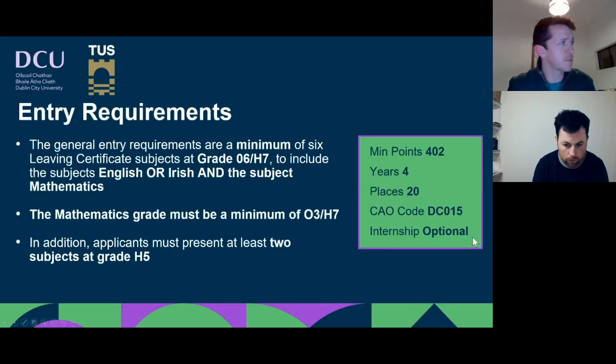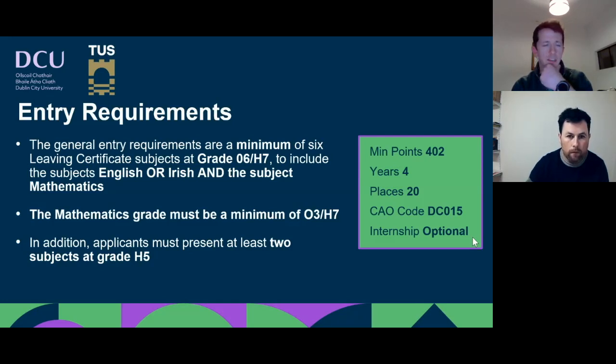The entry requirements, I can speak to these a little bit, Paul, if you're okay with that. Yeah. So a minimum of 6 Leaving Cert subjects, grade O6/H7, and to include either English or Irish and the subject maths. And your maths grade is pitched at O3/H7.